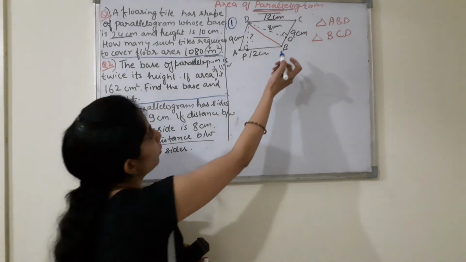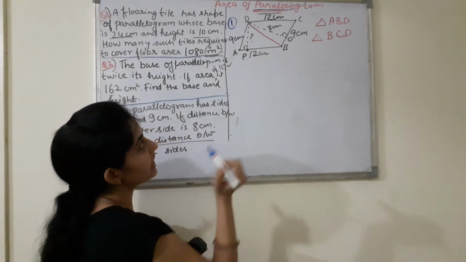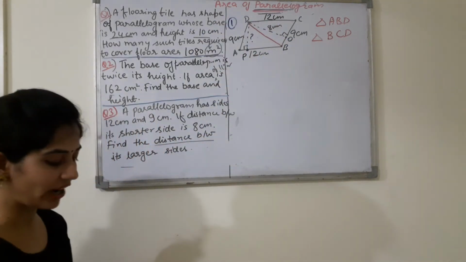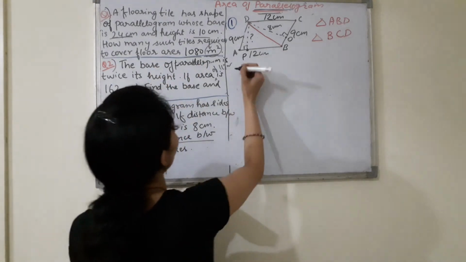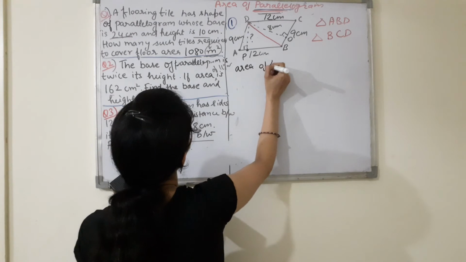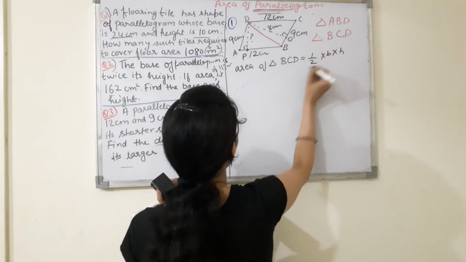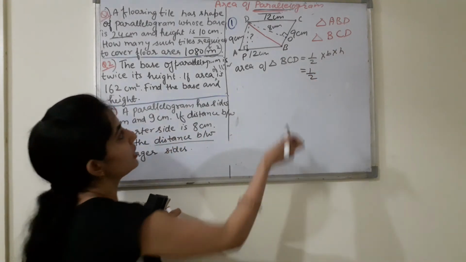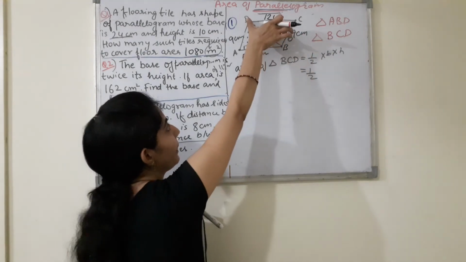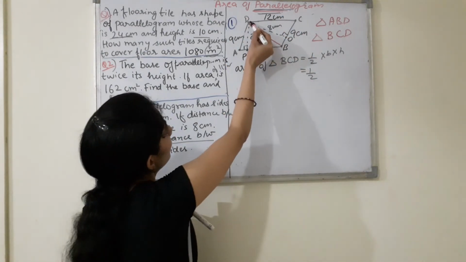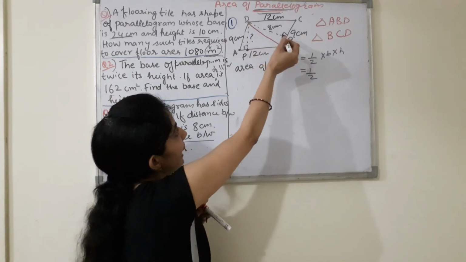Now we can find that the base is given as 9 centimeter and the height is also given. So it means we can find the area of triangle BCD, right? So we will find the area of triangle BCD. So this is 1/2 base into height. Now 1/2 base into height, what is it? Look at the triangle BCD. First you will see the height. Height is what? This is the height, the perpendicular drawn from the vertex. So this is your height, 8 centimeter.